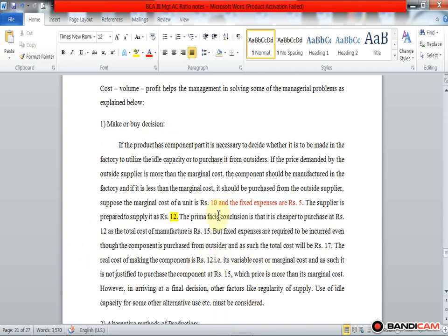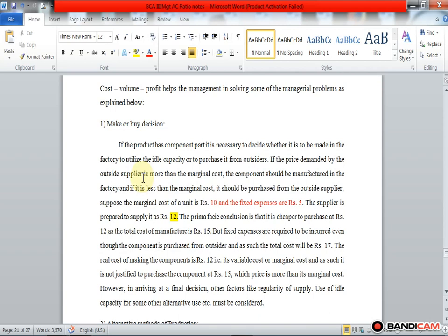Okay, how does the organization decide to make or buy the component? If the outside supplier demands more than the marginal cost, then the manufacturing concern decides to make this component.